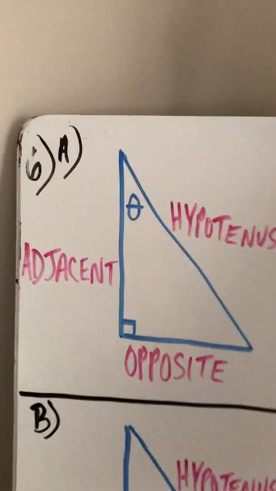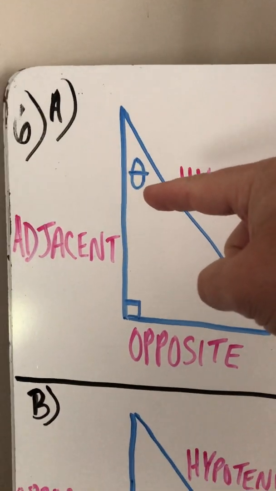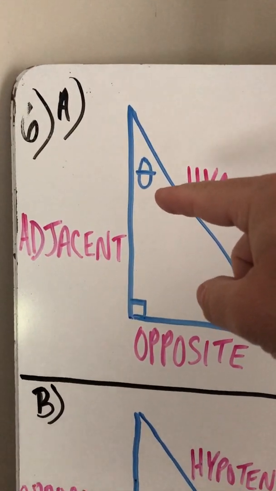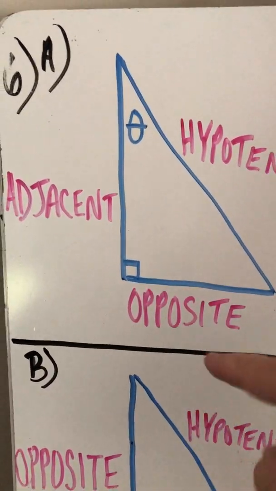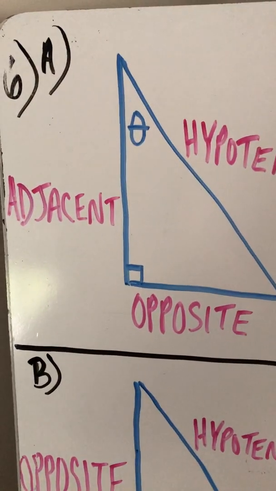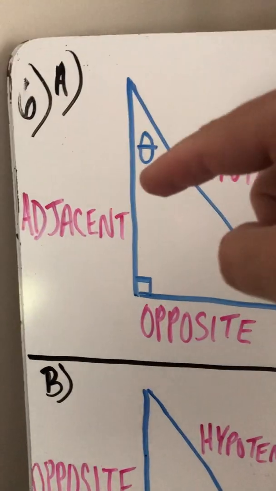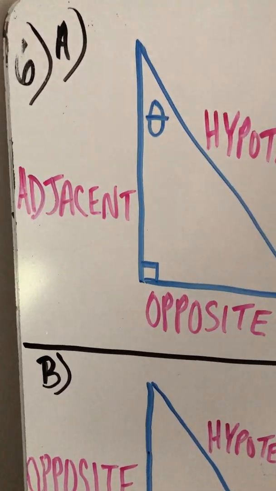In a right triangle, if this is the angle I'm referring to, my theta, then this is the opposite side. If you notice, it's directly across from theta. And this guy is next to the angle. It's called adjacent.